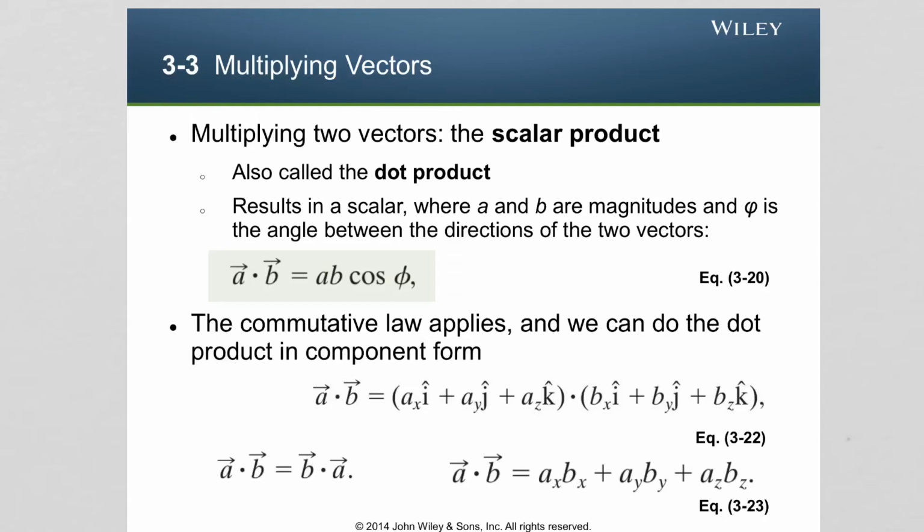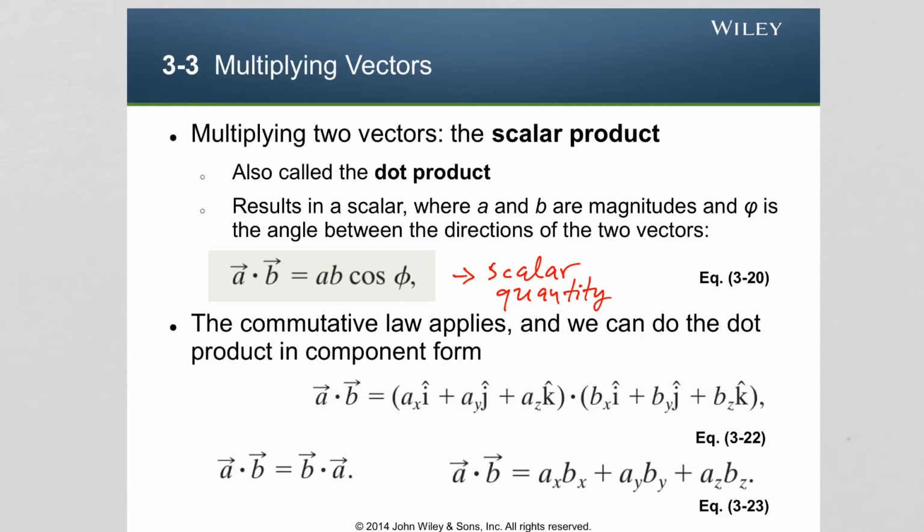The result of a dot product is a scalar quantity. So we are multiplying two vector quantities, but the result is a scalar quantity. That is true when the multiplication is a dot product.